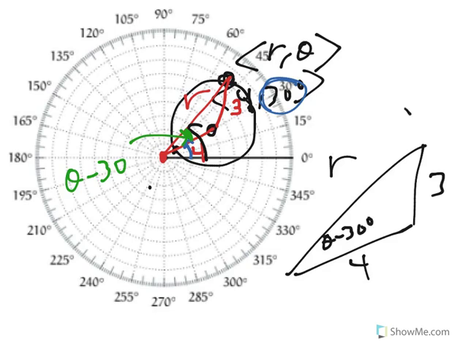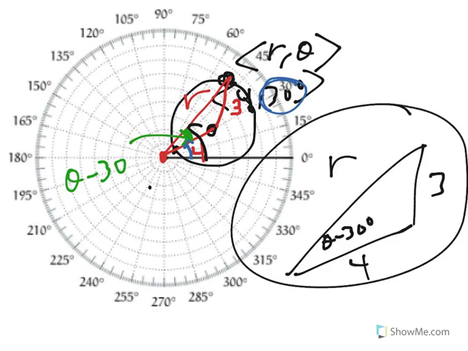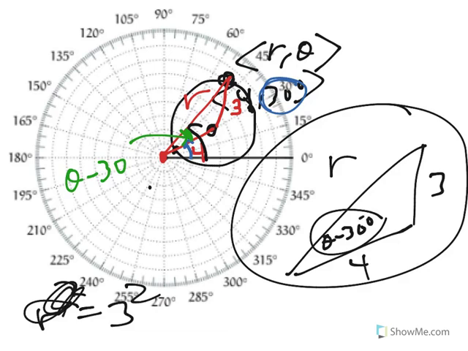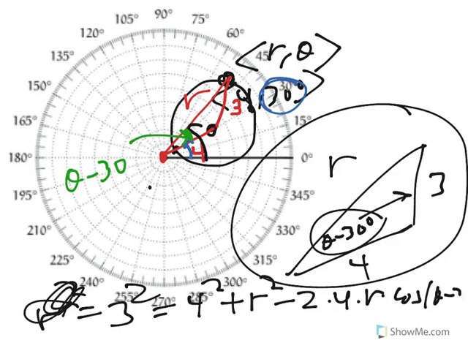So the equation would use the law of cosines. It's going to be a pretty ugly equation. This is if you know 3 sides, or if 3 sides are being used and an angle. We say it would be 3 squared, the side opposite the angle, is equal to a squared plus b squared minus 2 times a times b times cosine theta minus 30.